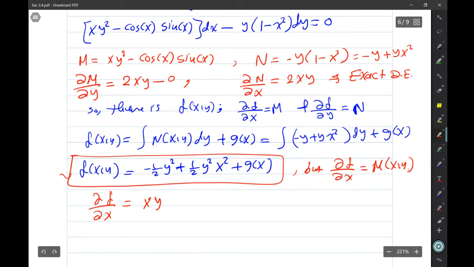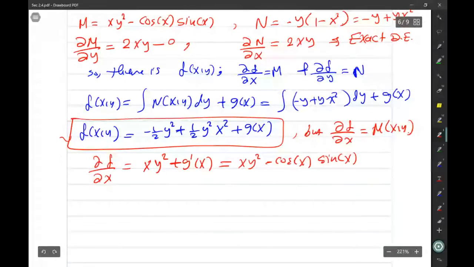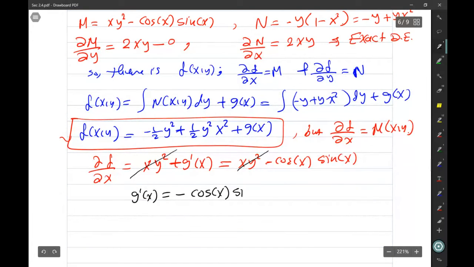We get x times y square plus g prime x equal to m. What's m equal to? x times y square minus cosine times sine. Now those will be cancelled. It means g prime x is equal to minus cosine times sine.